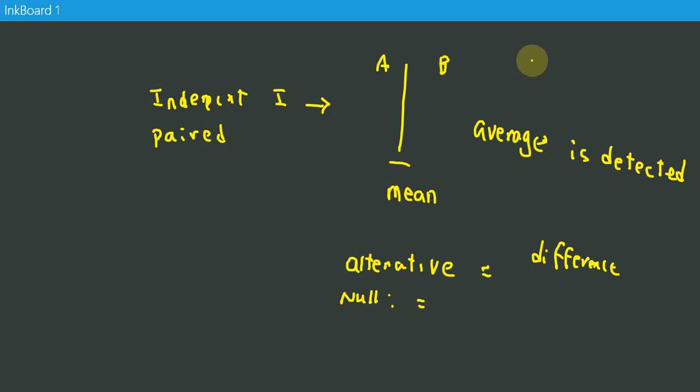Our target variable is the result we want to know. This target variable is the dependent variable. Our target variable in the T-test is a dependent variable.